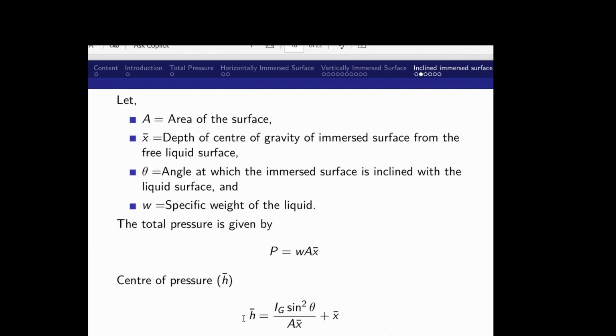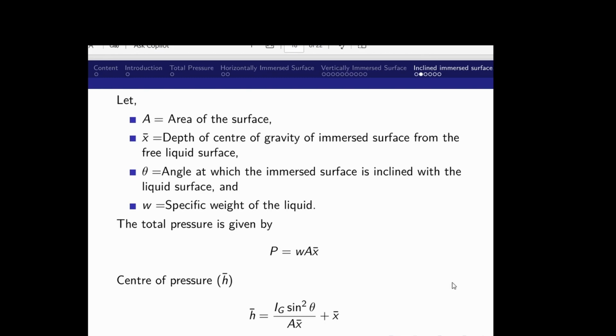The formula now will be given by the moment of inertia times sine squared theta, where theta is the angle of inclination, or the amount of tilt. So the only difference here is that we're now considering the angle. Remember, for objects that are horizontally or vertically immersed, the angle is 90 degrees, and sine 90 is actually 1.